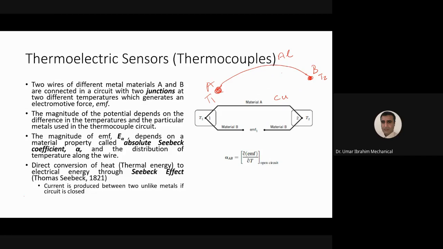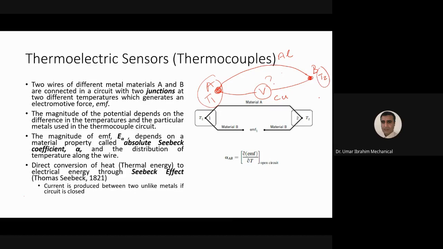If I break this circuit and put a voltmeter here, it will experience some voltage, or EMF, and that voltage will correspond to the temperature difference, okay? So let me explain it like this.